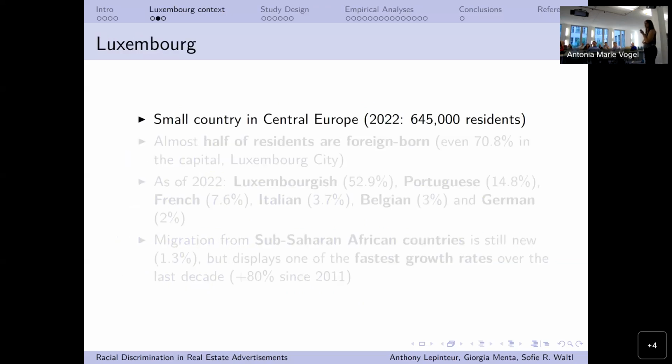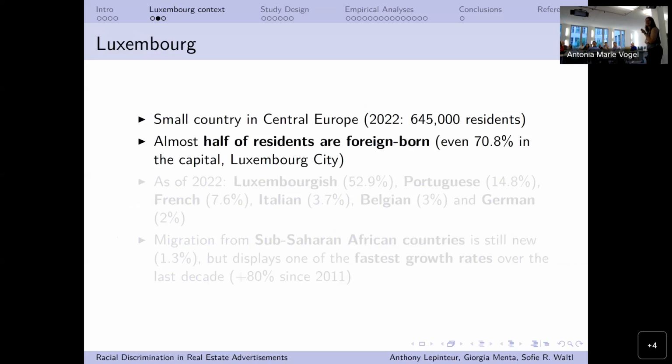Okay, so it's very small first. And the very specific thing about Luxembourg is that almost half of the residents living there are foreign born. So people that have at some point been immigrants themselves. And in the capital, in Lux City, even 70% are foreigners. So this is really a large share.